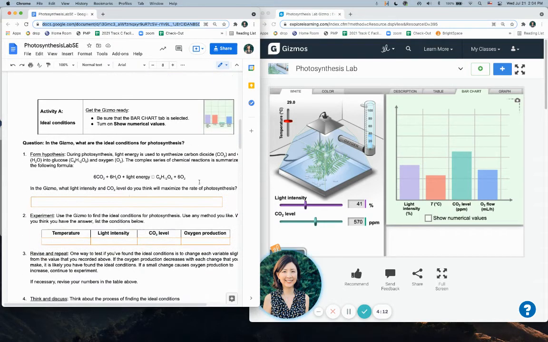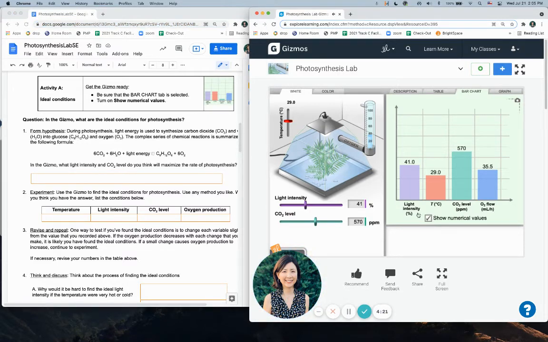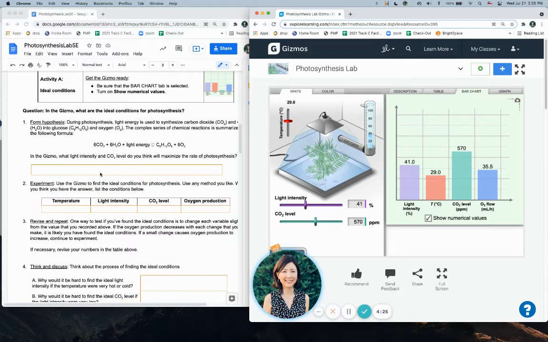All right, so let's go ahead and look at Activity A. We're still at the bar chart, and now we're going to turn on numerical values. Here is your hypothesis. We've got carbon dioxide, water, and light, and that should probably be an arrow, makes glucose and oxygen.